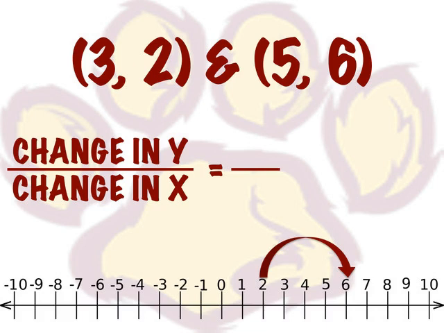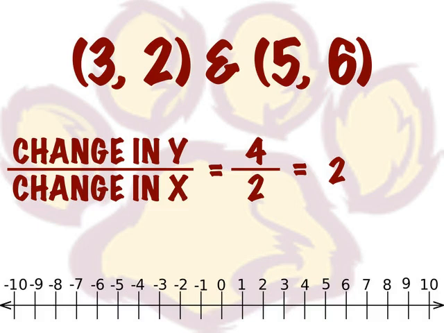So our change in y is going to be 4, and since we are moving to the right, it will be a positive 4. Now we do the same thing for the x values. Our x values are 3 and 5. So again, we look at our number line, and to go from 3 to 5, we're moving 2 numbers over. And again, it's to the right. That makes it positive. So our change in x is 2.